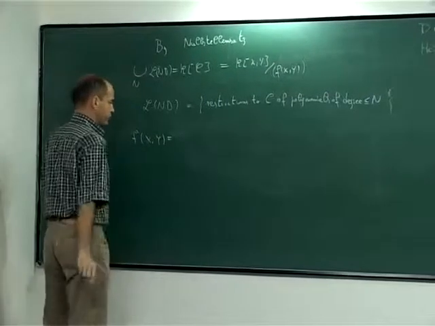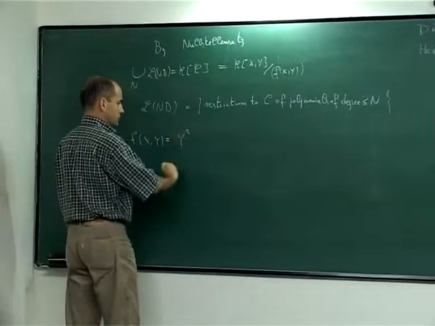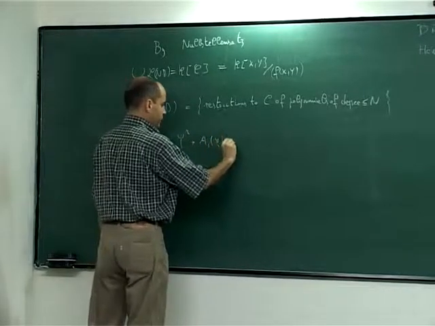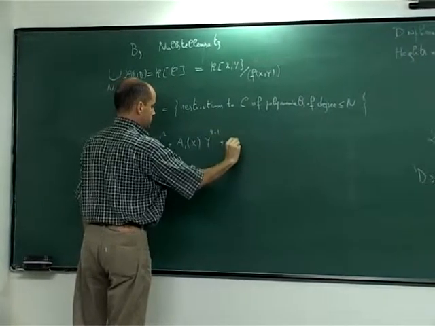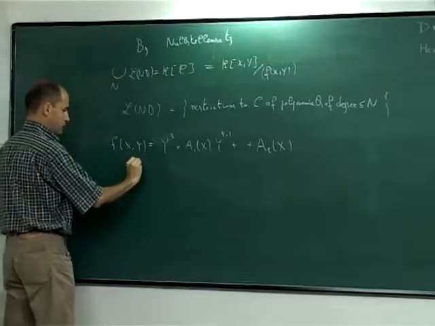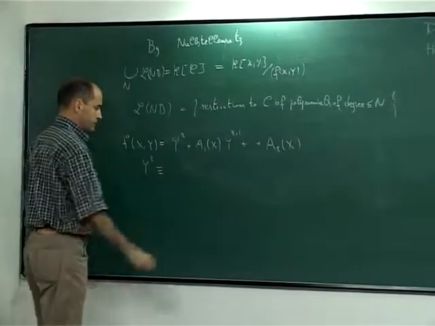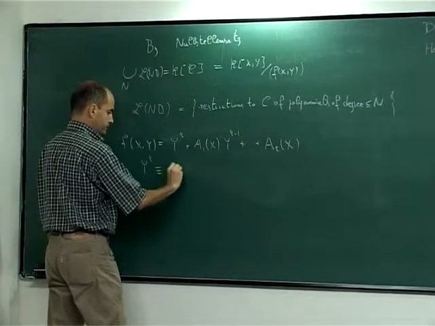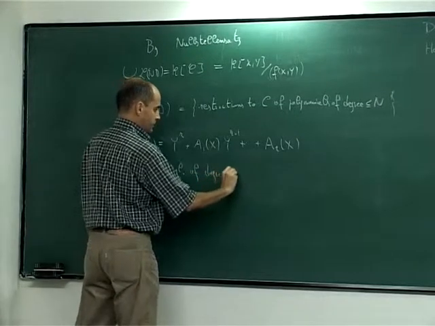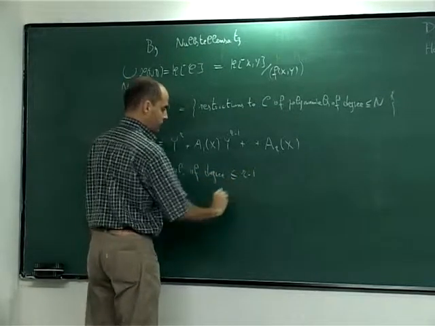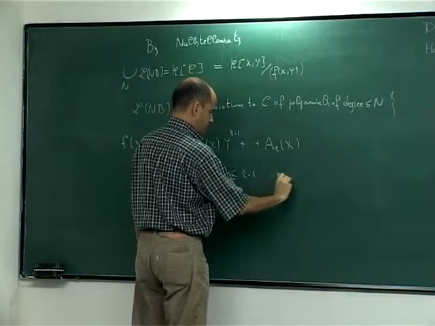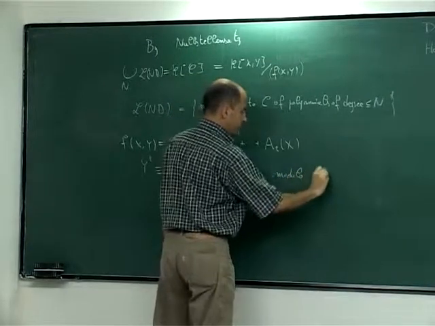Now, since f(x,y) is supposed to be of the form y^r plus a1(x) y^(r-1) plus and so on, you have that y^r is congruent to a polynomial of degree less than or equal to r minus 1 in y modulo the equation of the curve.